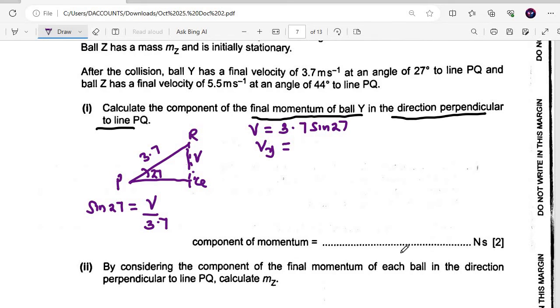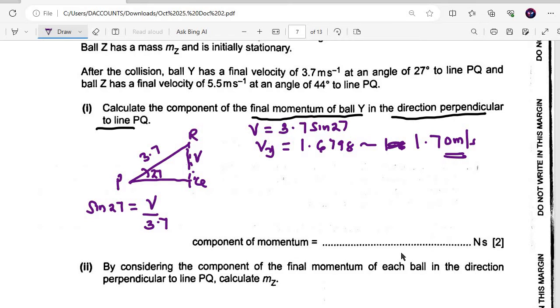So sine 27 times 3.7 gives 1.6798, approximately 1.70 meters per second.